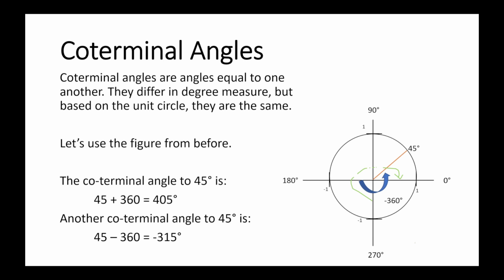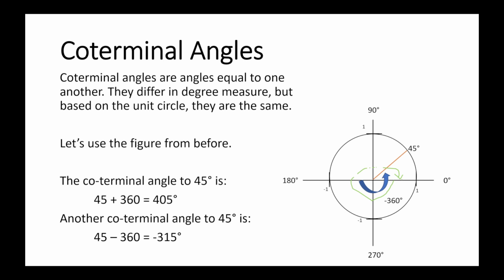So if we start again at our starting point at 0 degrees, we go all the way around, look at where that arrow ends. If I do that and I end right back where my 45 is, the way you represent that is by subtracting.